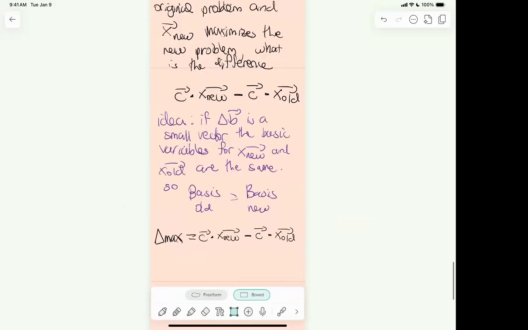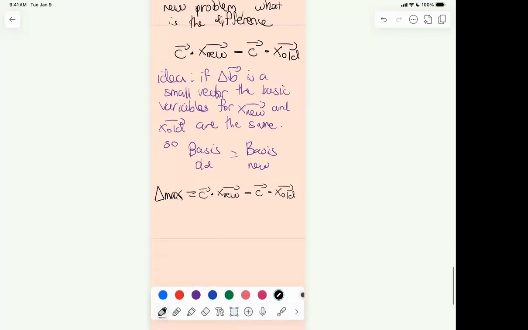So delta max is just how much your maximum profit changes, for example. Originally it would have been this, but because of duality, you can replace each of these dot products with their dual versions. That's how duality is supposed to go. So the duality theorem tells you that C times X would be the dual value.